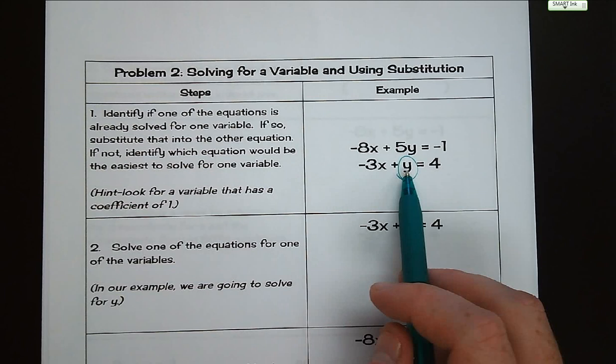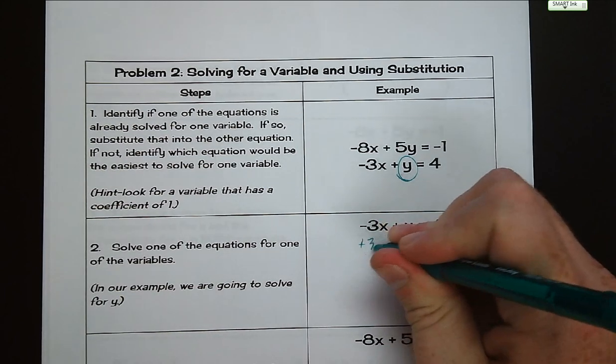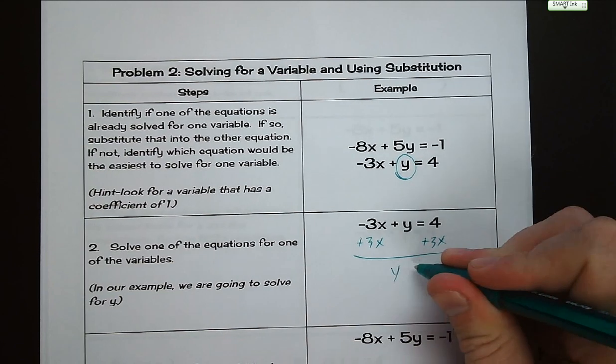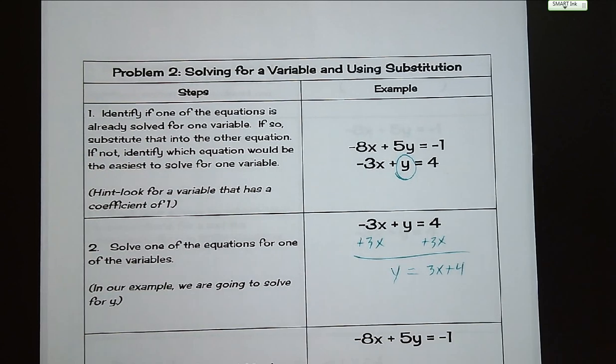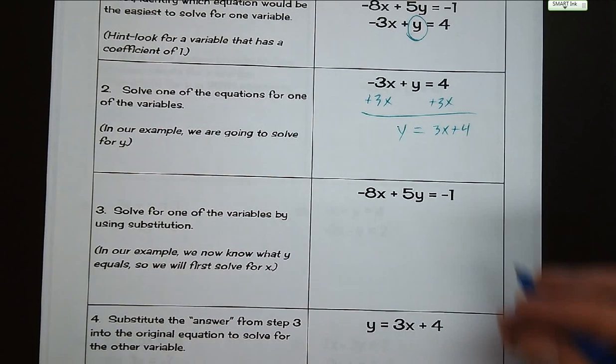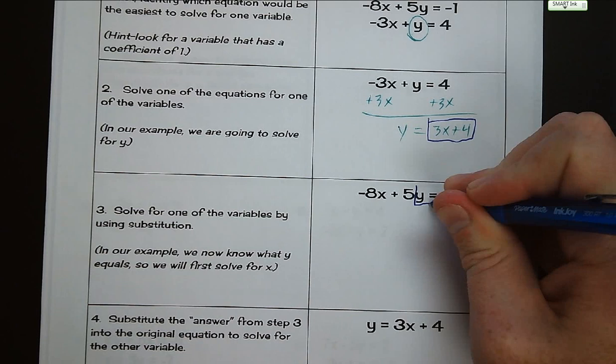That is y. So to get y by itself, we're going to add 3x to both sides of our equation. So now y equals 3x plus 4. So we can follow this and we can substitute. We're going to take 3x plus 4 and plug it in for y.